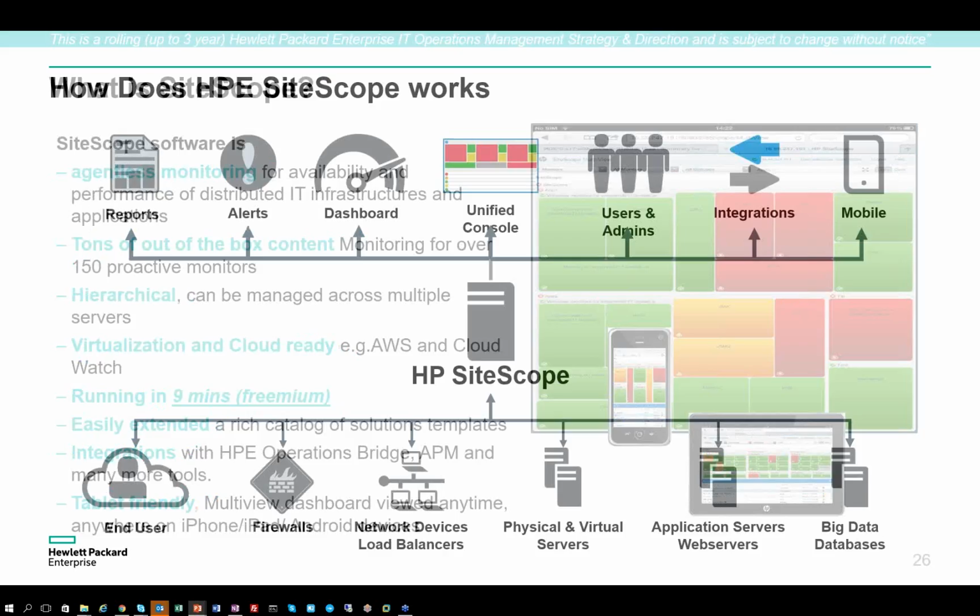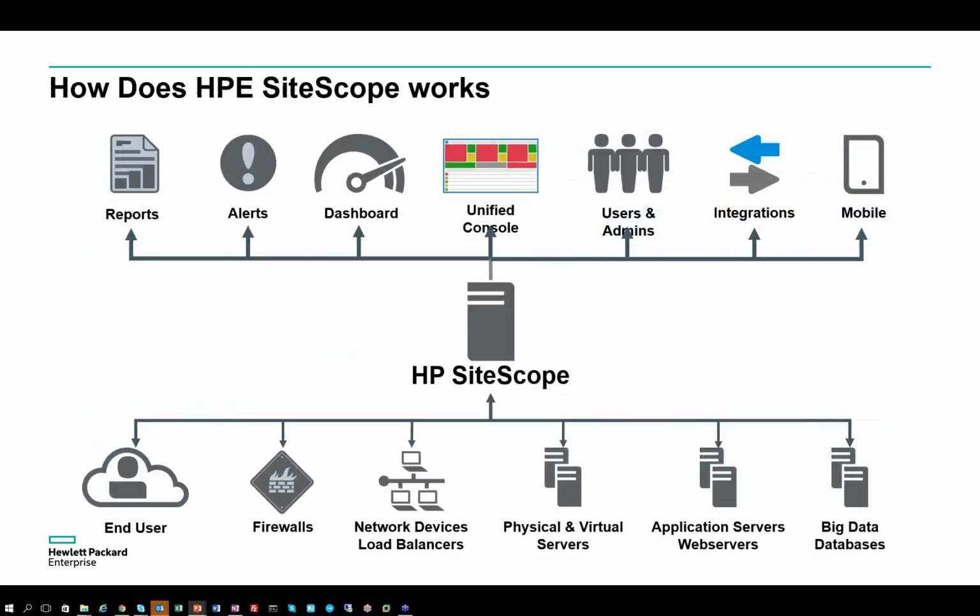How does it work? On the bottom, you can look at the components that SiteScope can monitor: firewalls, network devices, virtual and physical servers, application servers, databases. And on the top is the way that information can be consumed.